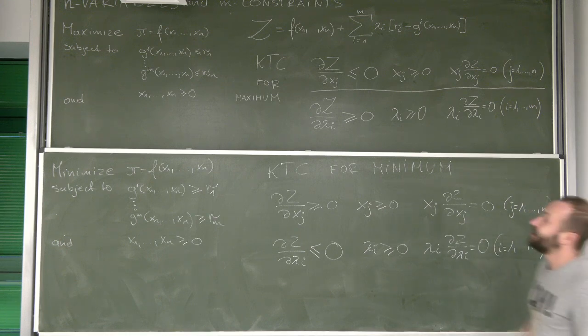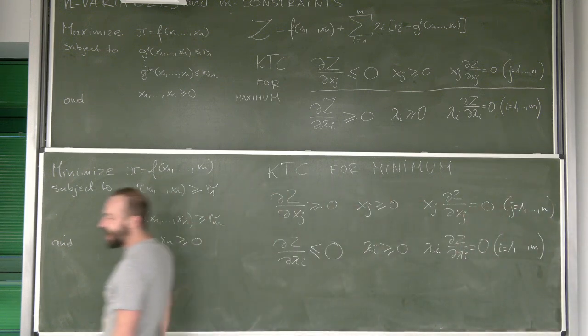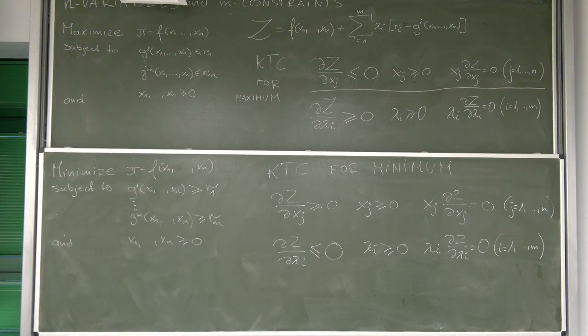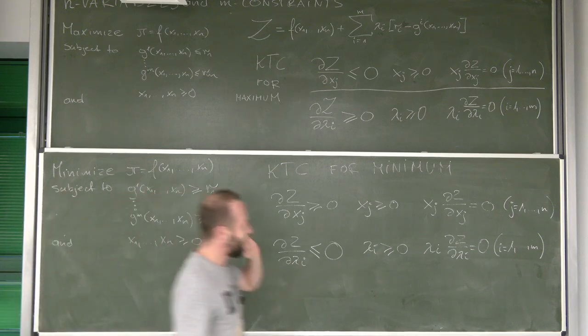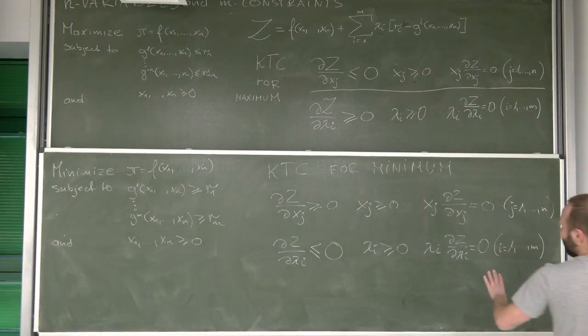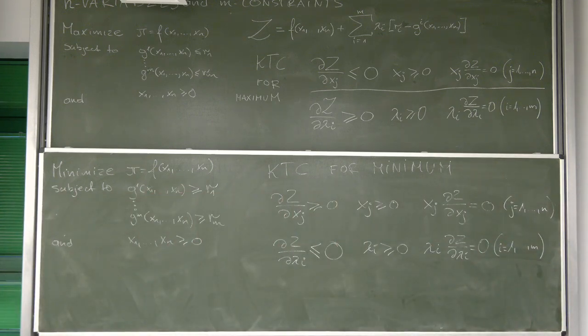Okay, and this is how we apply Kuhn-Tucker conditions for maximum and minimum.